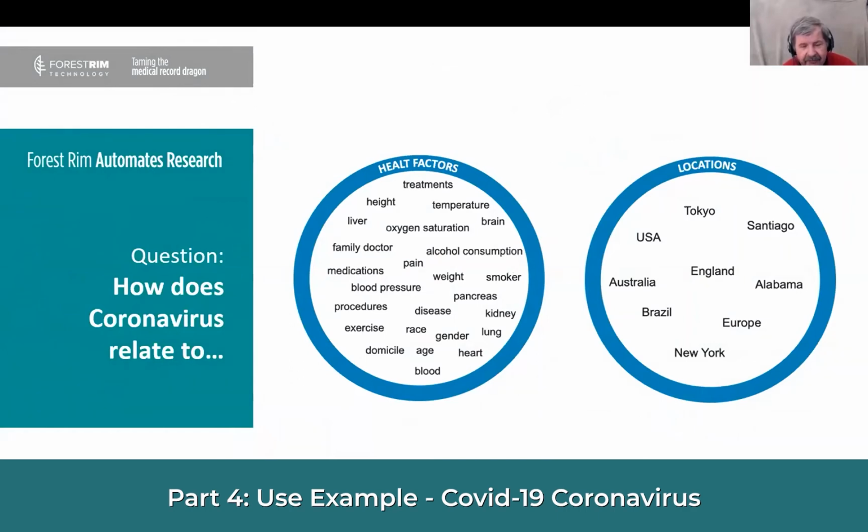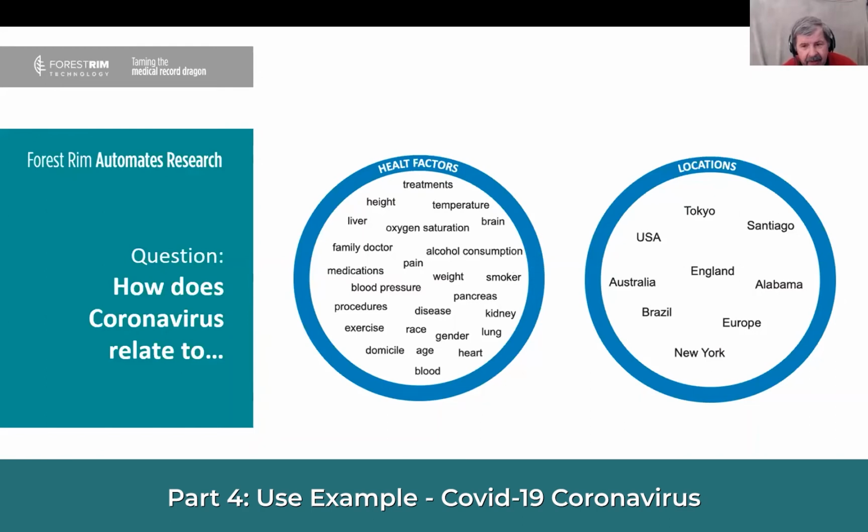How about different medications? How about their kidney? How about smoking? How about oxygen saturation? You name it. And if it's captured on a medical record, you can then take coronavirus and do correlative analysis.